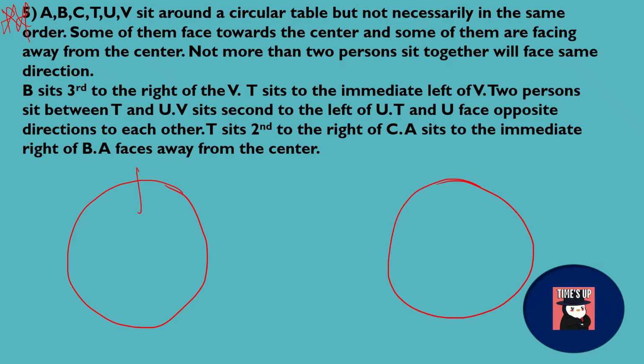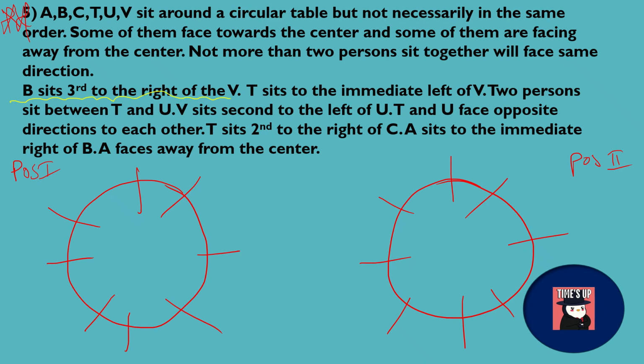Let us solve this. Let me first draw. We don't know the directions here. This is your possibility 1 and this is your possibility 2. Now, what statement have they given? B sits third to the right of V. So first, I'll take V's direction like this in the first possibility.